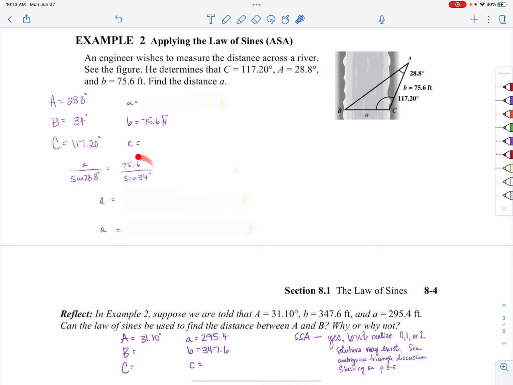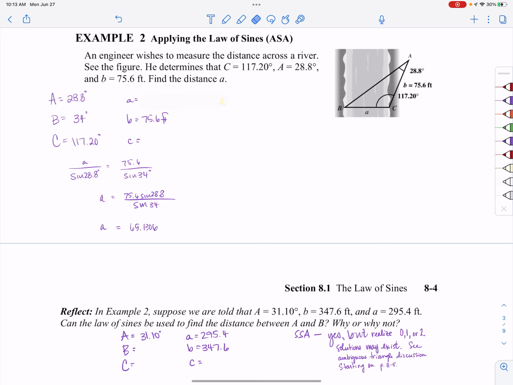Again, this is my fraction B, this is my fraction A. We'll go ahead then and multiply on both sides by that sine of 28.8, and throw that into our calculator so that side A is 65.1306. Using my significant figures, I'll go ahead and round to the nearest tenth, which is going to be 65.1 feet. I was not asked for side C, so I don't need to do anything else to that.